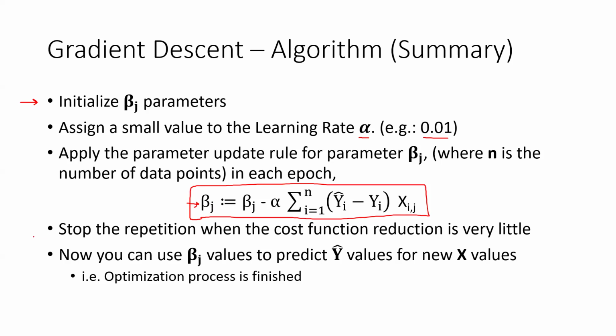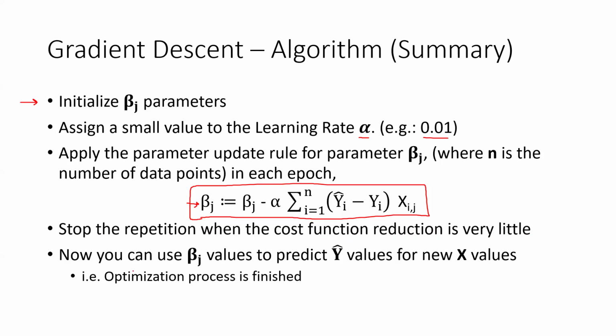And then stop the repetition when the cost function reduction is very little, right? So for each of these beta values you can find the J beta, or the total cost, and if the total cost is not reduced, or there's no significant reduction in the cost function, then you can stop the algorithm, right?